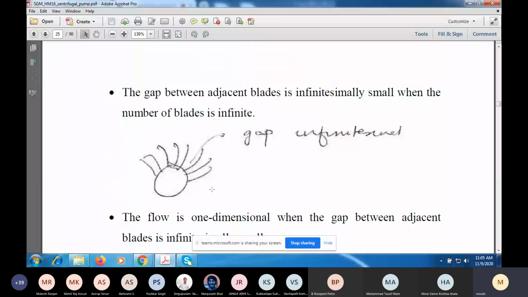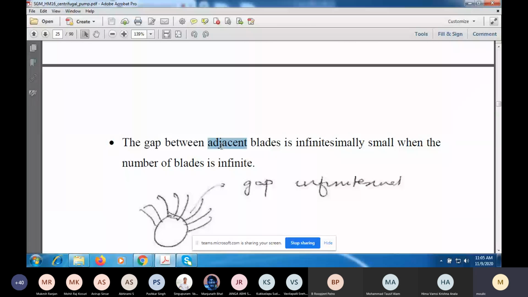So the assumption that has been implicitly made is that the flow is one-dimensional. That is true if the gap between the blades is infinitesimally small, which means you should have an infinite number of blades. That is the idealization that we have made.